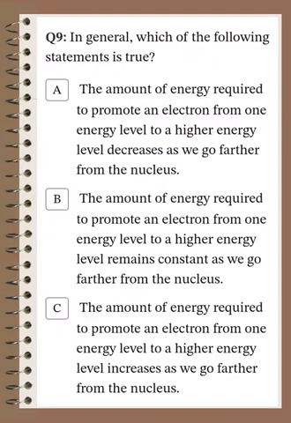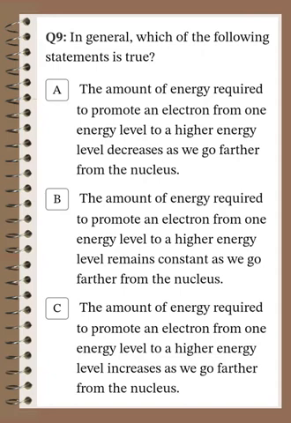Question number 9 here. In general, which of the following statements is true? We have different choices. The amount of energy required to promote an electron from one energy level to a higher energy level decreases as we go further from the nucleus. The amount of energy required to promote an electron from one energy level to a higher energy level remains constant as we go farther from the nucleus. I think number B will be wrong, as the distances between the energy levels will be different.